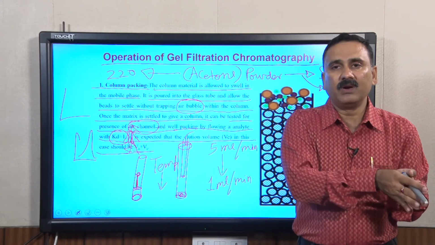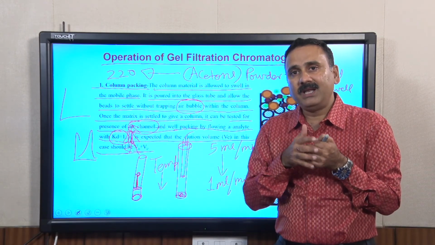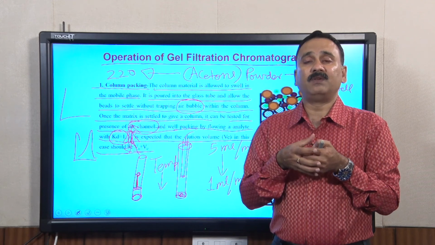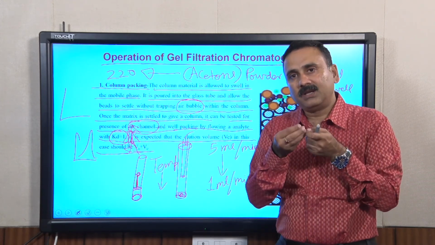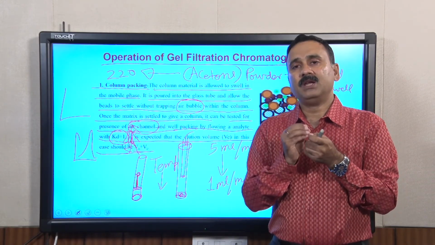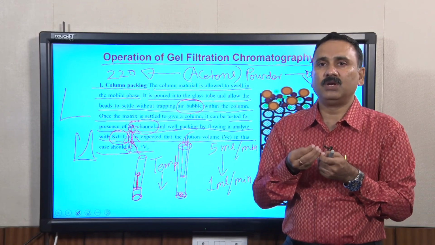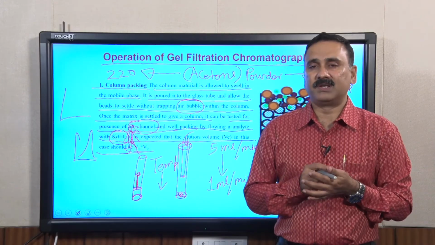Suppose you go from 4 degrees to 37 degrees, then you are expanding the air dissolved in the water in which your column is packed, and because of that expansion, this water-soluble air is going to come out and create channels as well as bubbles.